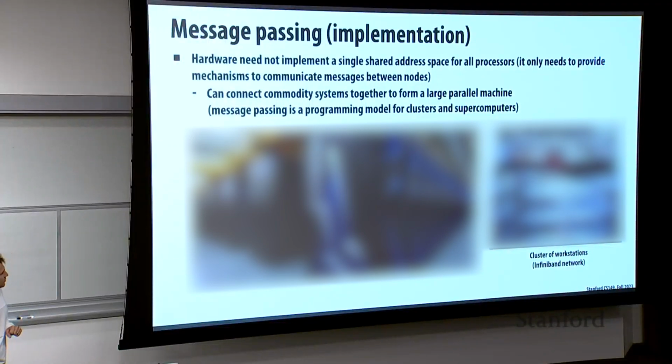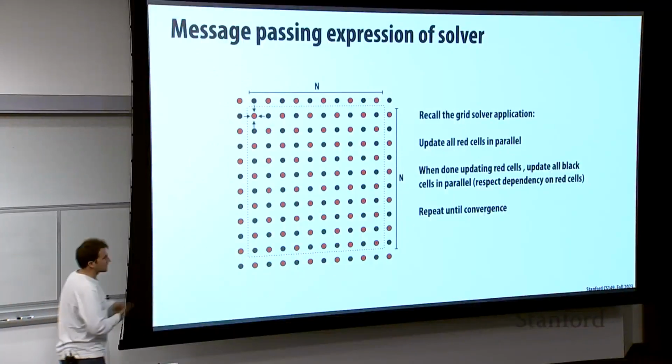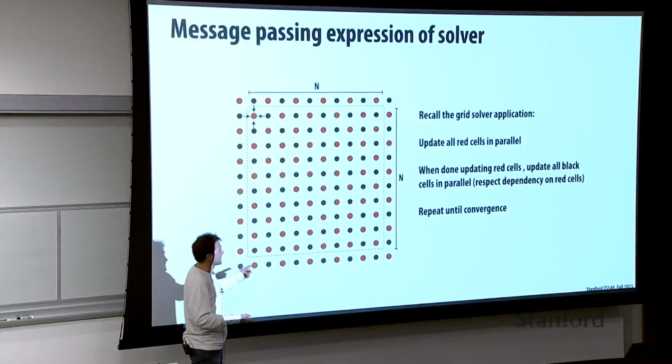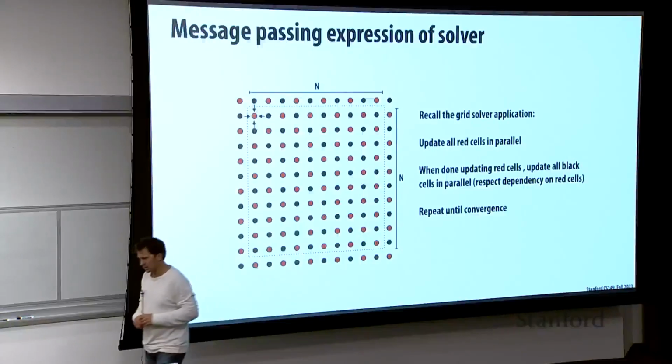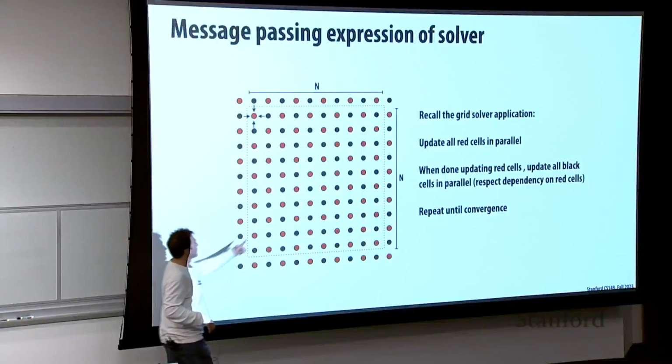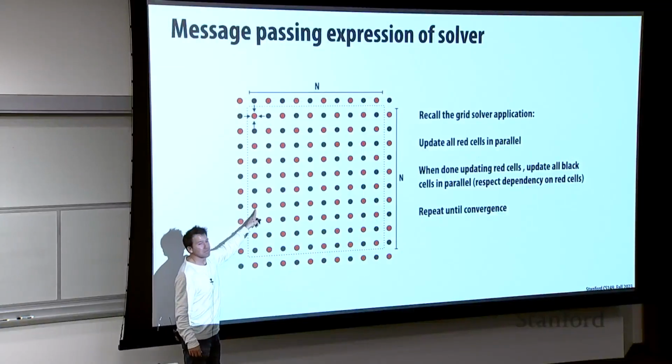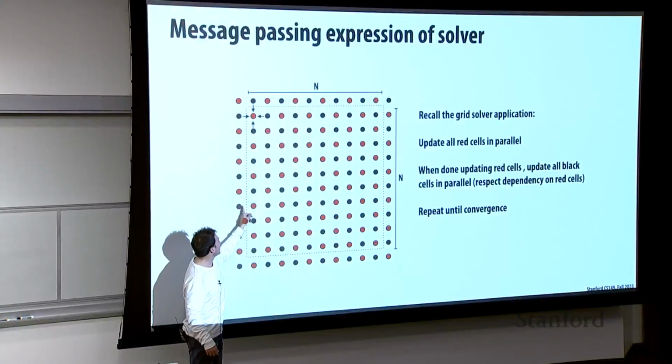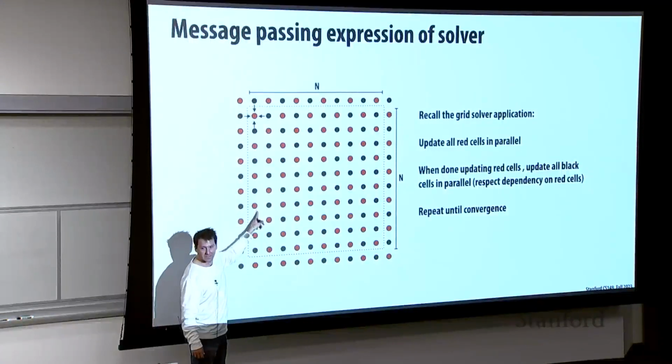Okay. And I think this will become more explicit if we go back to the example that we talked about last time, which, to remind everybody, is: for every red cell, update the value of the red cell given read access to the surrounding neighbors.